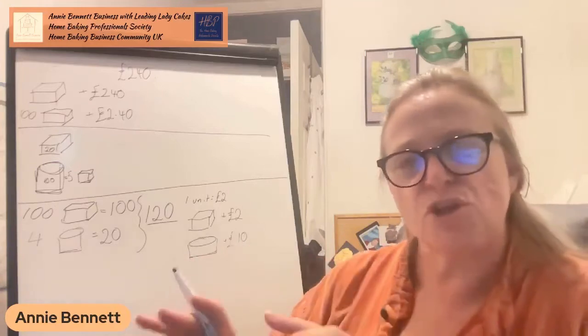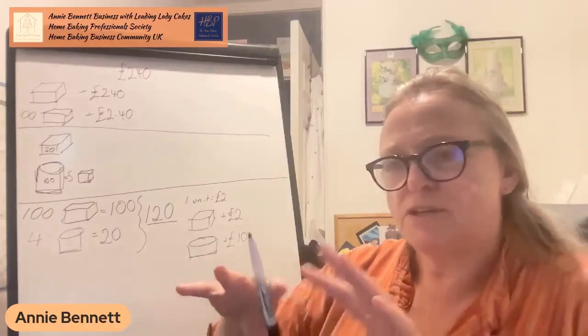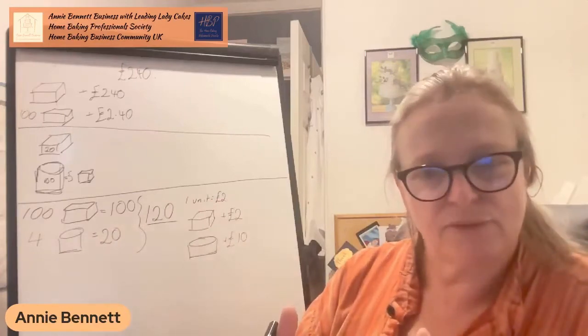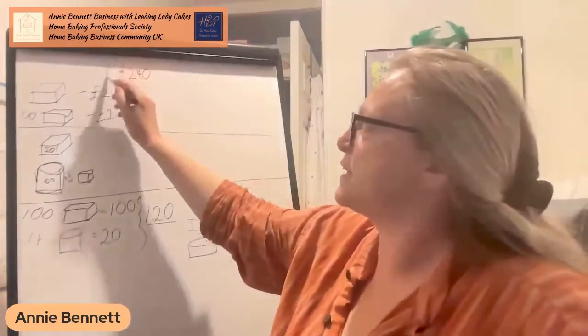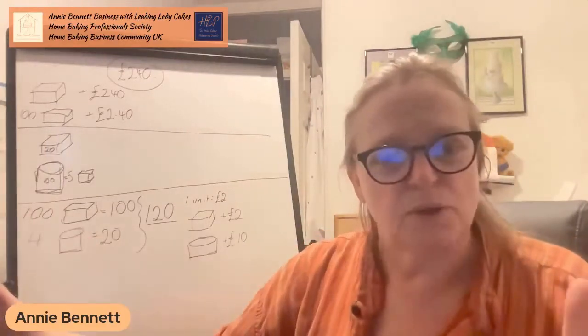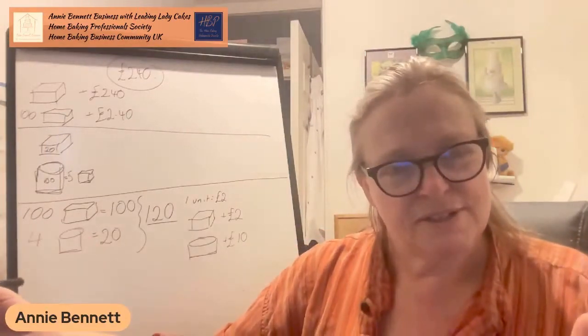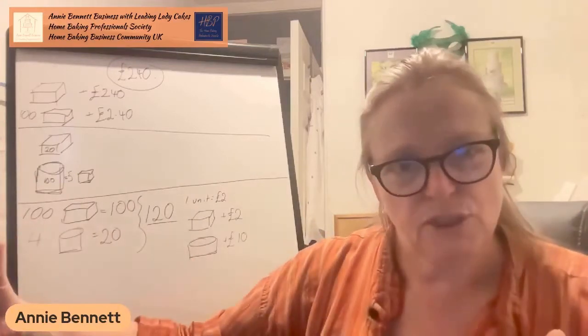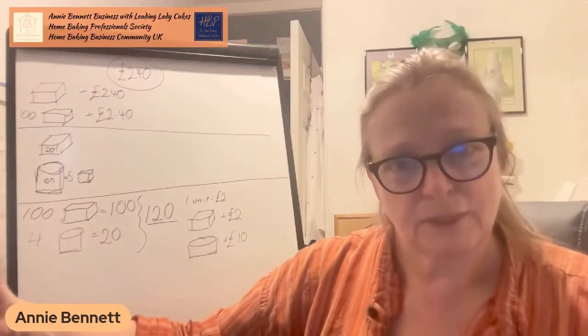So it's all to do with knowing what you sell, or knowing what you aim to sell in a month, and dividing that overhead cost up into equal amounts so that you're spreading that cost evenly across everything that you sell. Okay.